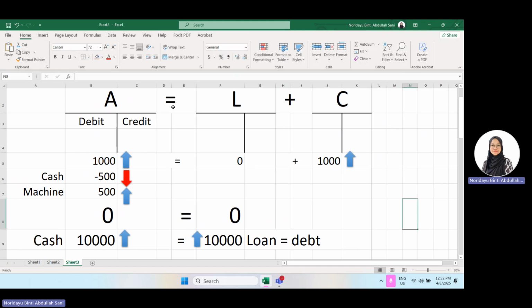So 10,000 asset equal to 10,000 of loan. Here is positive, goes up. Here also positive, goes up. Asset increase, liability increase. So we have equal. 10,000 equal to 10,000. So that's how your accounting equation works. So these are the effects on the accounting equation.